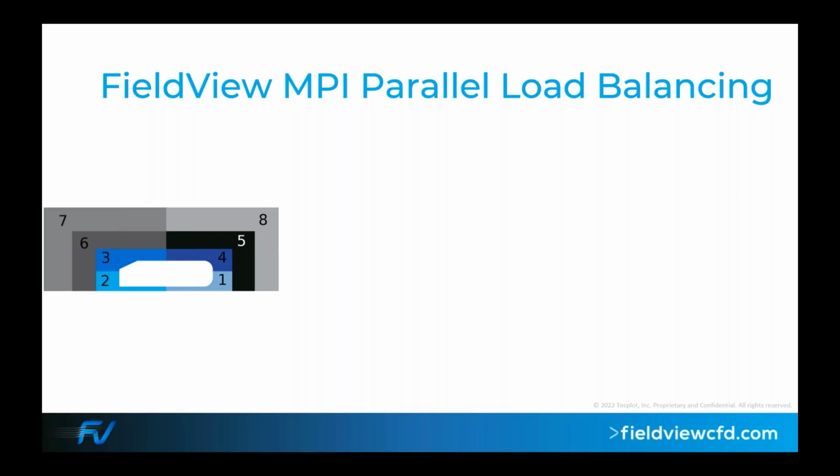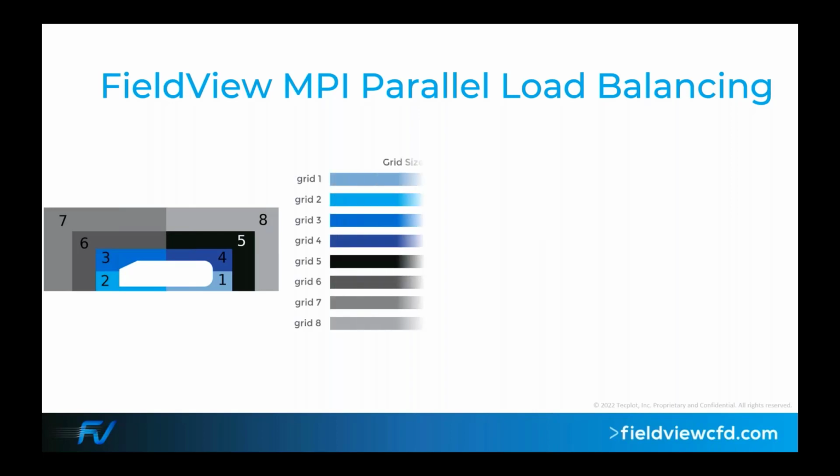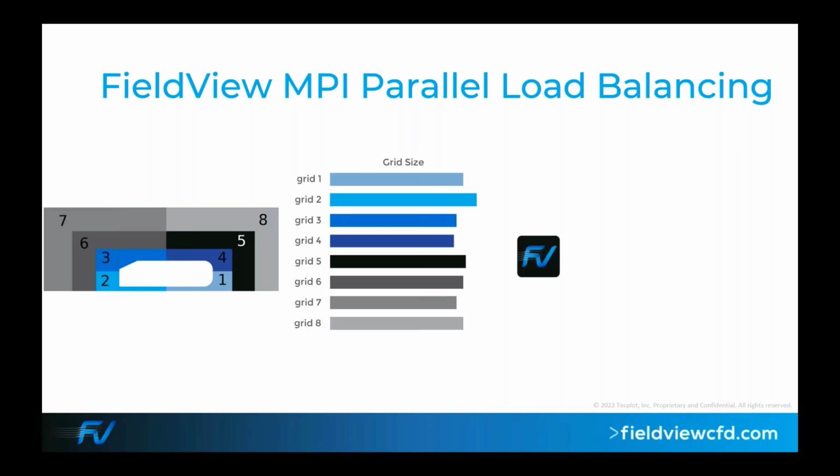So those blocks of cells that we call grids in FieldView are going to come in different sizes that I'm representing with this bar chart over here. And first, let's look at an ideal case. We have 8 grids over here of about the same sizes, and we're going to load them in parallel in FieldView. What FieldView will do is send one grid to each one of its MPI processes.